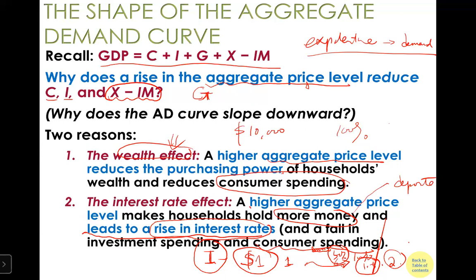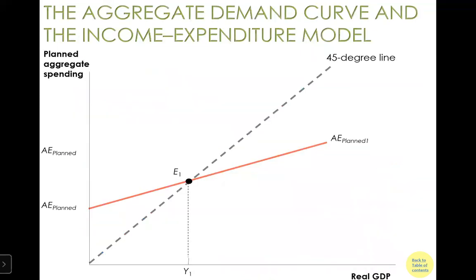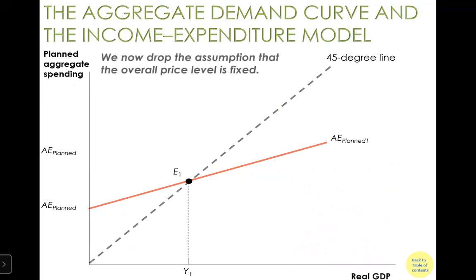So the interest rate must go up to attract households to put money in the bank. This wealth effect and interest rate effect lead consumer spending and investment spending to decline with a higher price level, which explains why the aggregate demand curve is downward sloping.